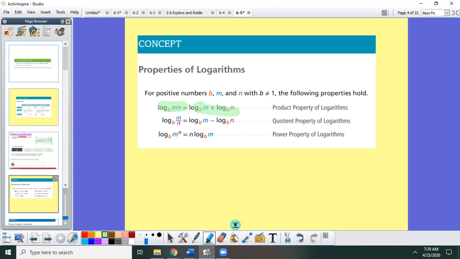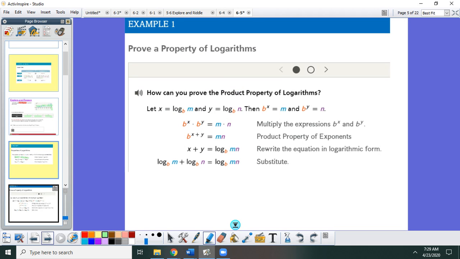And so in our first example, we go through proving the product property. Now if you look at just this example, you won't be able to fully grasp what's going on here. And so I would really encourage you to write it out.